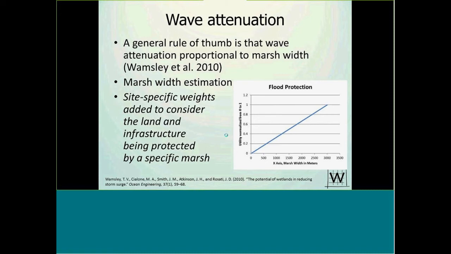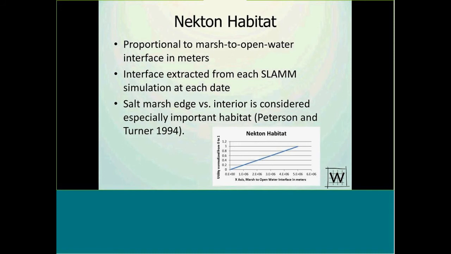The storm direction is unknown, but in terms of how proximate it is to developed land, we really added a lot of site-specific weights to consider the land and the infrastructure being protected by a marsh. So some of the marshes really don't have a lot of flood wave attenuation benefits and others do. And as I was saying, we found some literature that suggested that the salt marsh edge is an especially important habitat, and so we use the marsh to open water interface that's predicted to get at that.